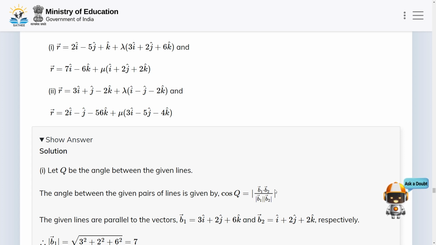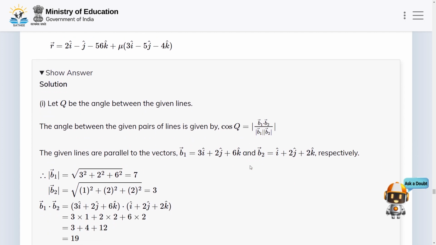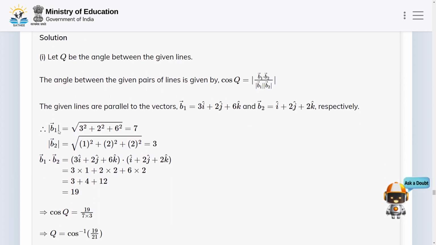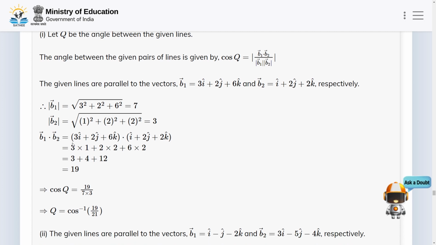First of all, B1 is this, B2 is this vector. Now the magnitude of B1 is 7, the magnitude of B2 is 3. The dot product will be just 19, and this means cos Q will be 19 by 21. This means your angle will be cos inverse 19 by 21.